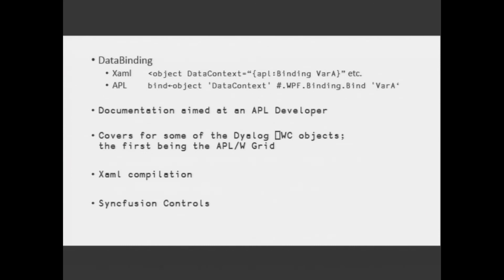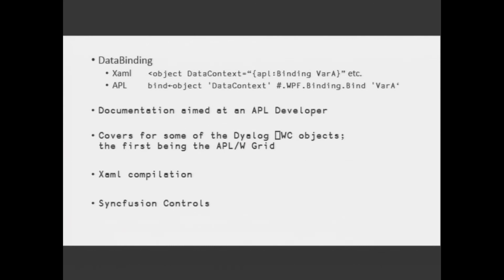So ultimately, that APL colon will disappear, and you'll be using exactly the same as John's. He hasn't actually got that big. He's talking about putting the data context in the XAML, but I can actually put the data context in the XAML, so the whole thing. I can actually compile an entire application with XAML and VS into a VS executable, or you can run the same code, loading it into an APL workspace and running it that way. So you can do either thing, so we've got everything covered.